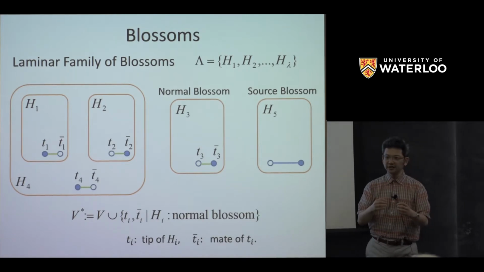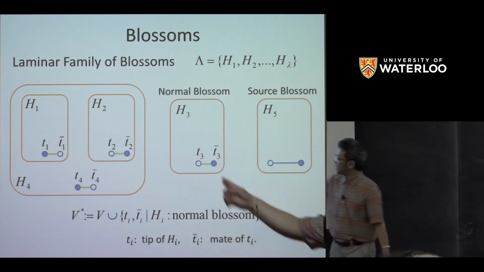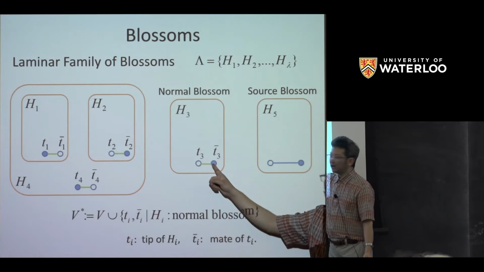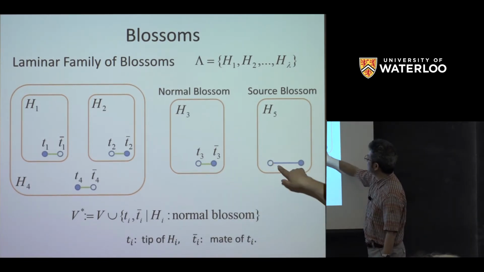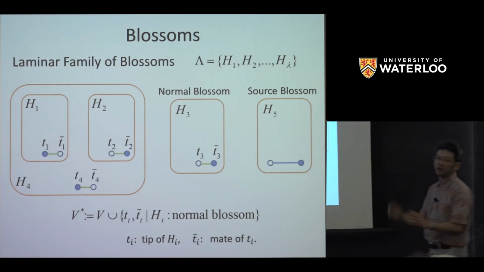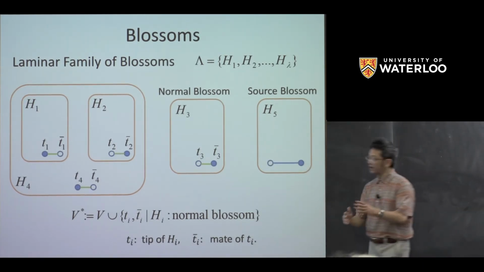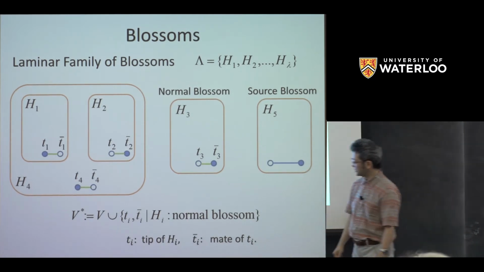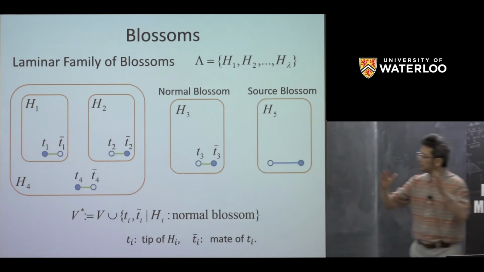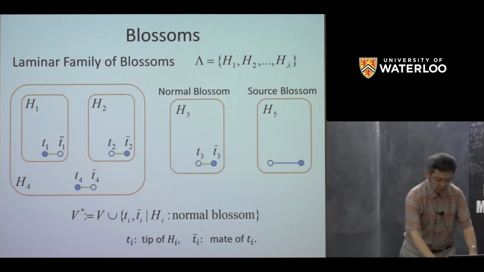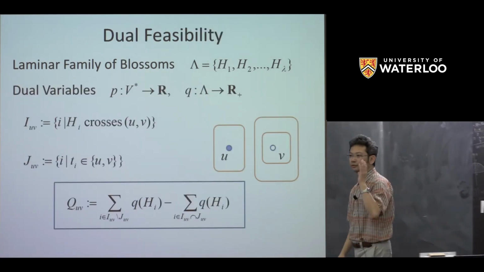In that case, just like before, we add a new tip and its tip mate. If a blossom contains a source line, it is called a source blossom, and you don't have to add tips and so on. Now, given that kind of laminar family, we introduce a kind of dual variables.